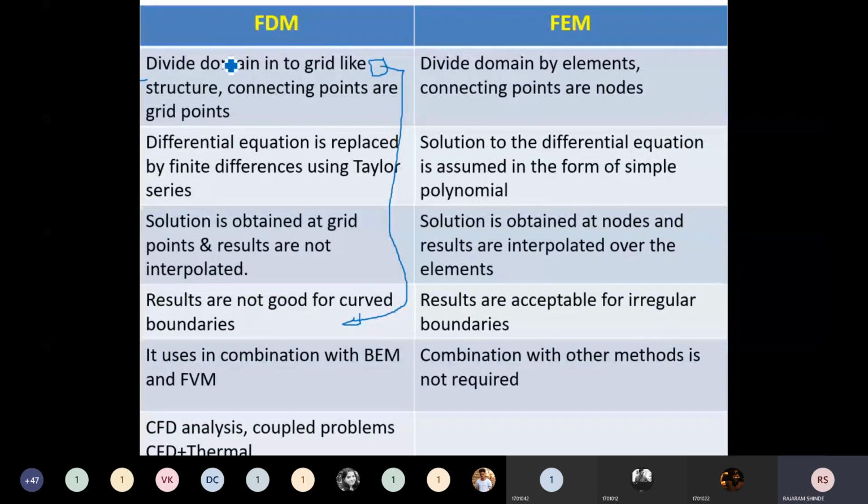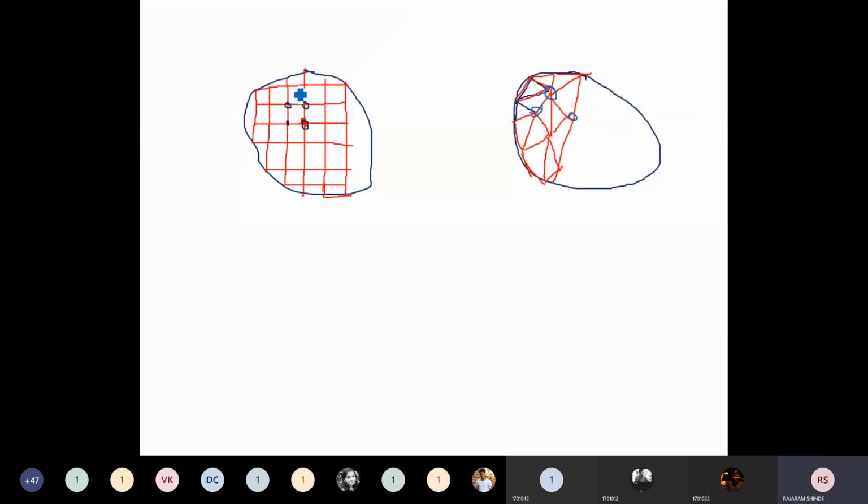Here, when the domain is divided into a grid-like structure, it will not give acceptable results for curved boundaries, these types of boundaries. Okay, we agree with this. Why? Because you can observe here, this portion is not captured by your grid structure.